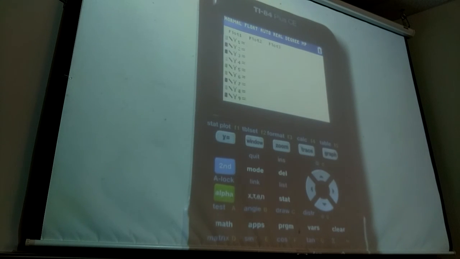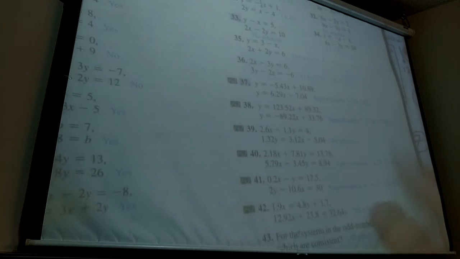the problem with the problem you asked me about is it's not solved for y yet, either one. In the book, let me just show it to you in case you don't have the book. This is section 4.1, number 40. There we go.